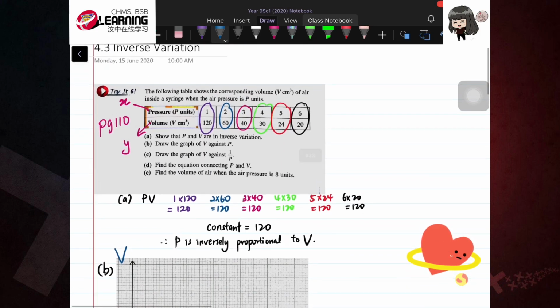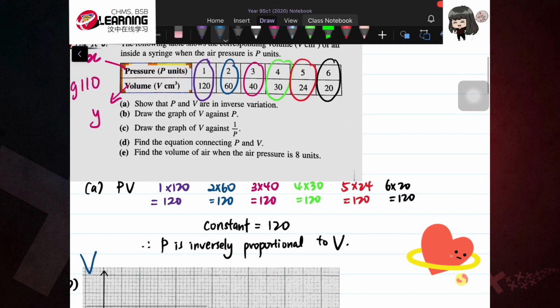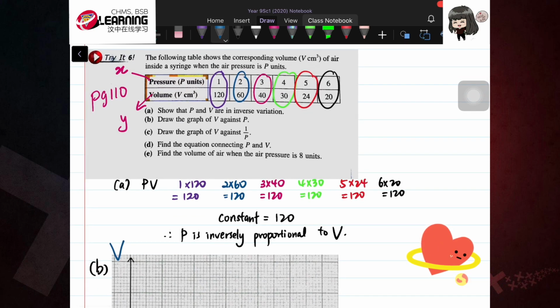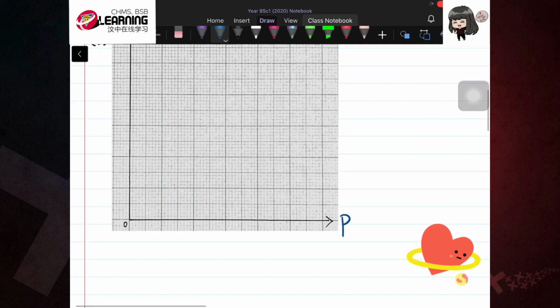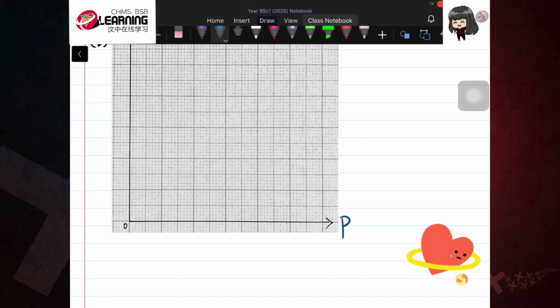Look back at the table. You label the x-axis as 1, 2, 3, 4, 5, 6, with 1 centimeter represented by 1 unit.